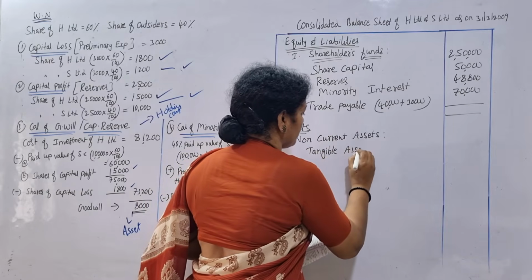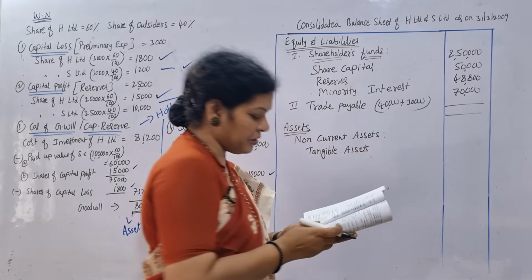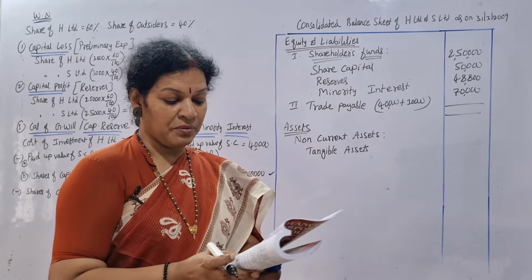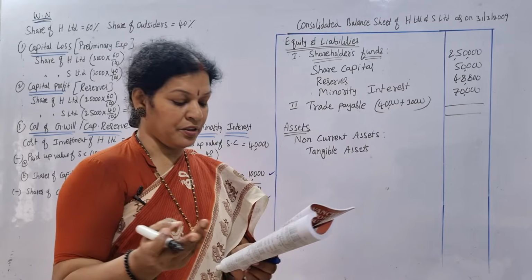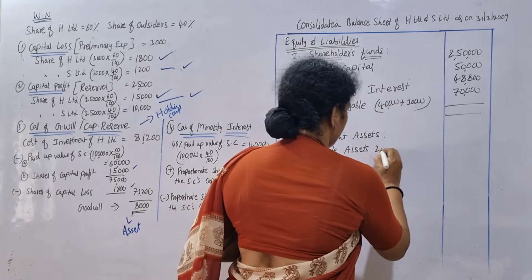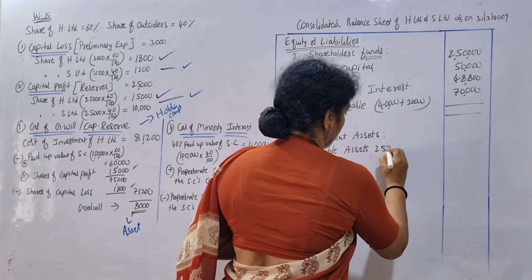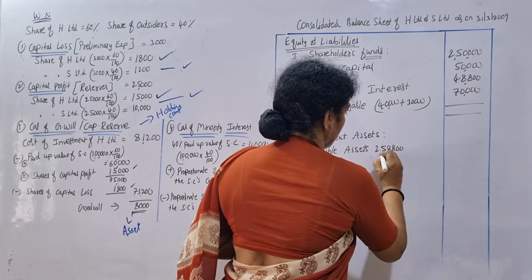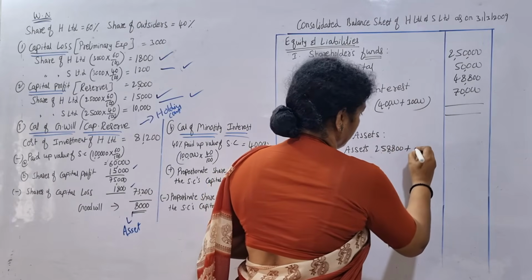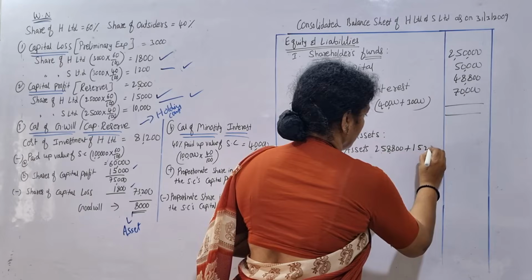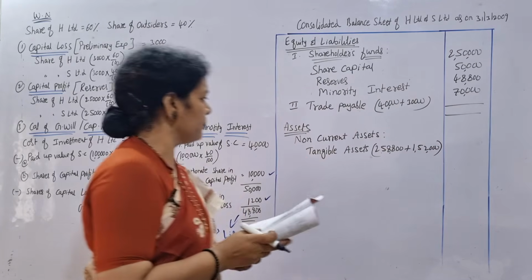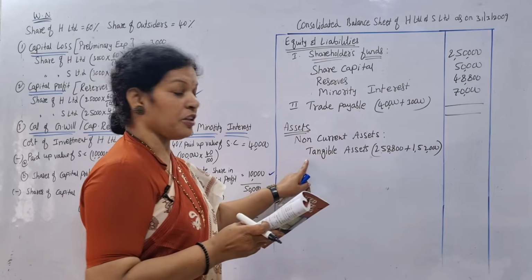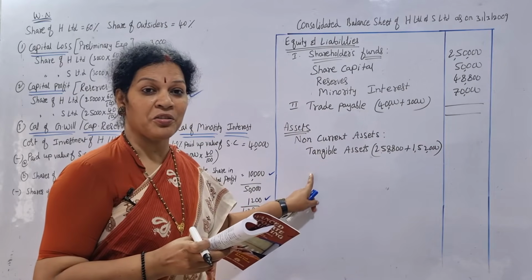Tangible assets are here. Sundry assets are given, 2,58,800 and 1,52,000. Both we will add: 2,58,800 plus 1,52,000. We'll see the calculations later. Non-current assets, tangible assets. Intangible asset is also there.